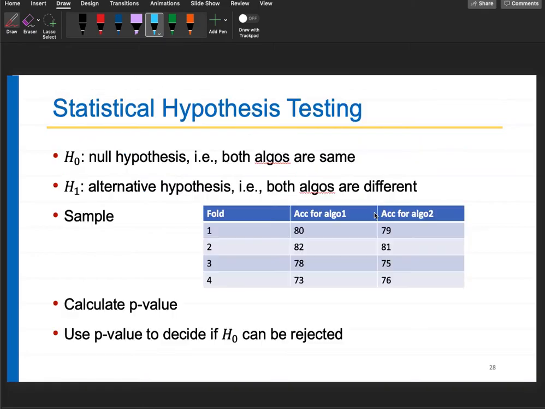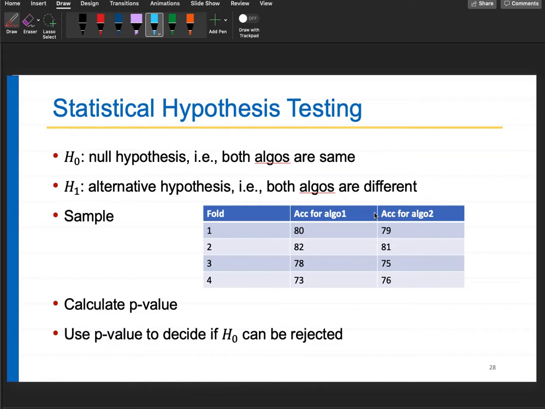Clear? Okay. So let us discuss a little bit about statistical hypothesis testing. We have something called a null hypothesis. Don't look at the slides, you will be confused because so much stuff is written. Let's say I want to prove something non-trivial.